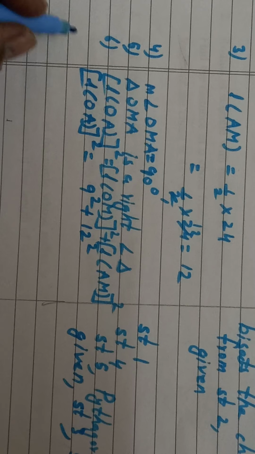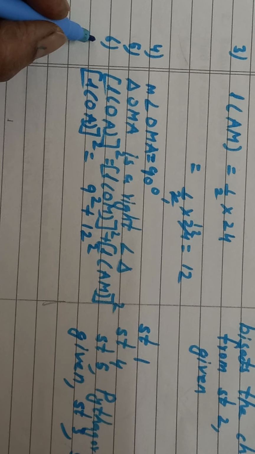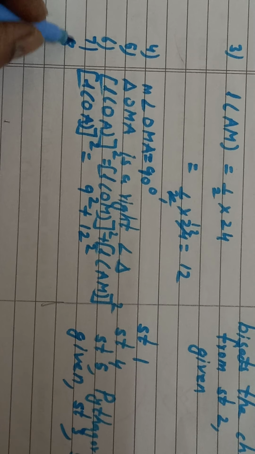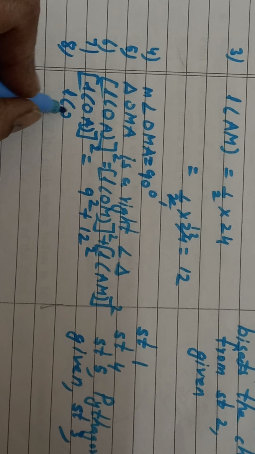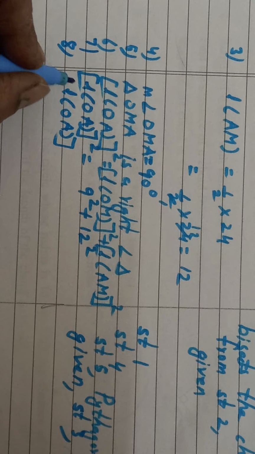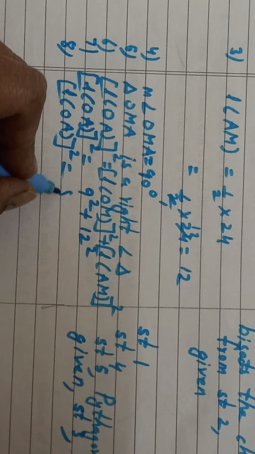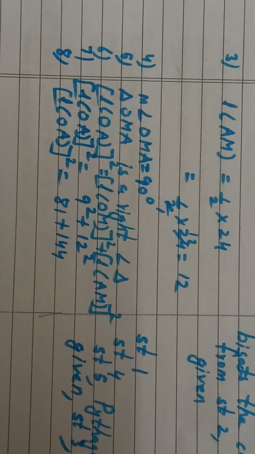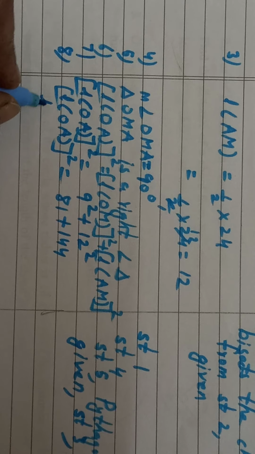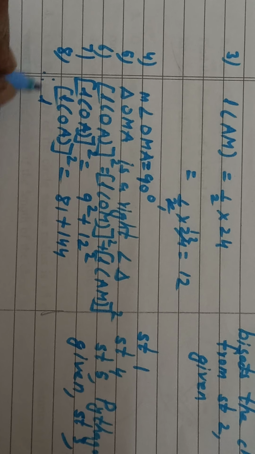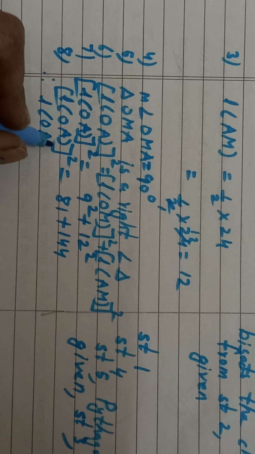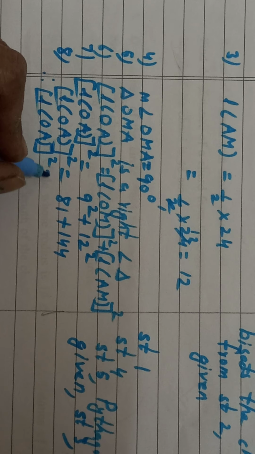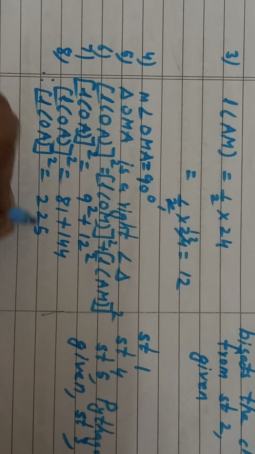Statement 6. Now the 8th one. Now 9 square is 81. 12 square is 144. That will give you, therefore we can just write, length of OA square is equal to 225.